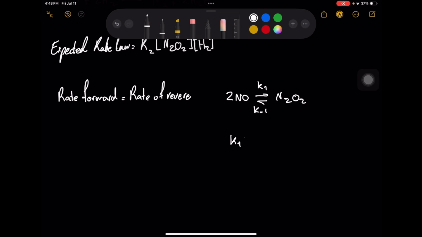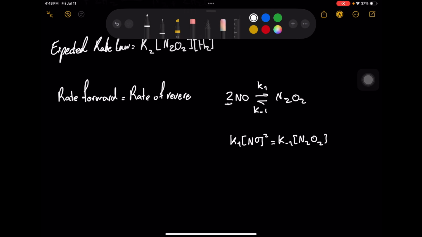We say K1 times NO with the power of 2, the coefficient here, equals K-1 times N2O2.